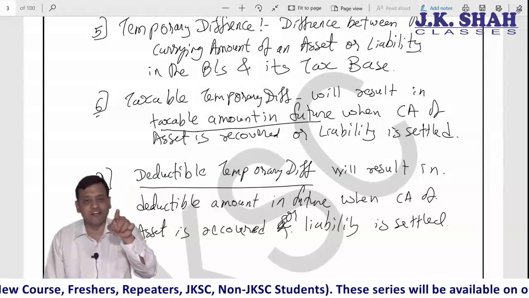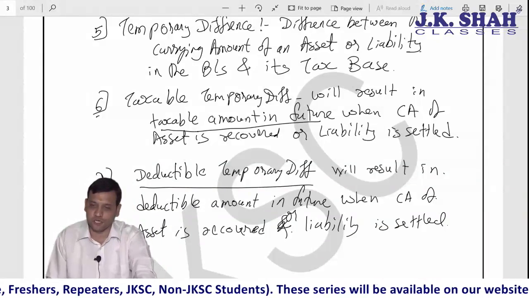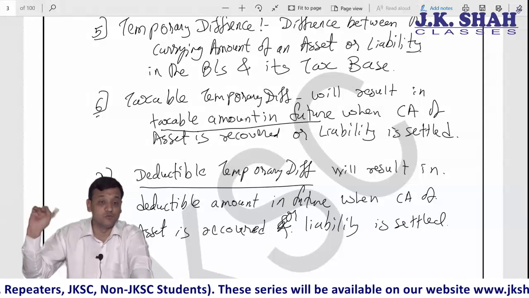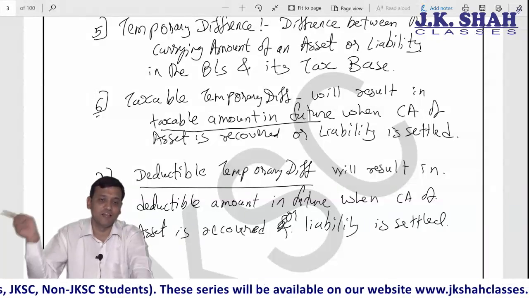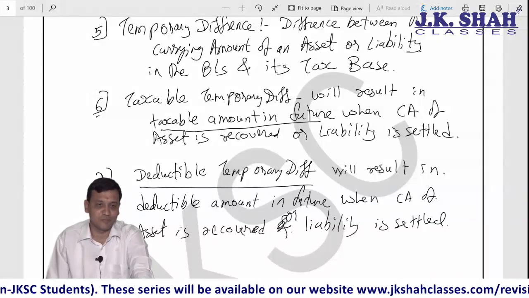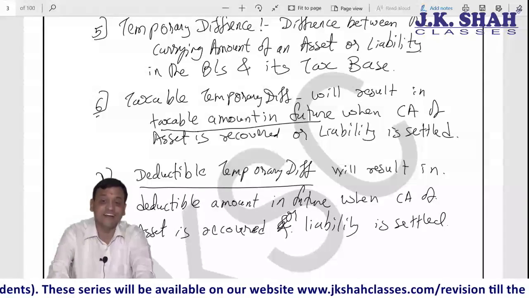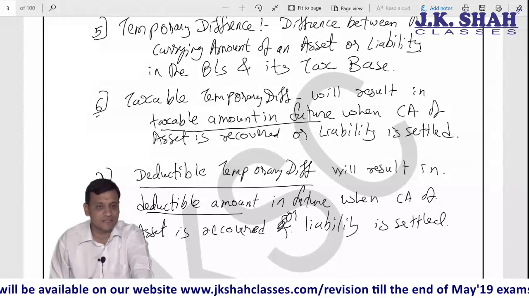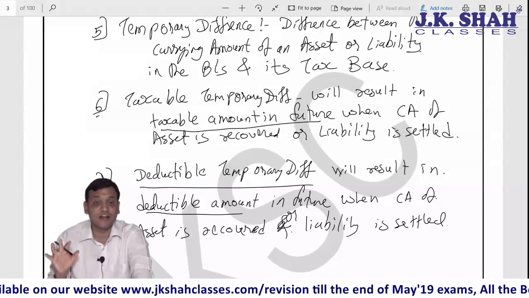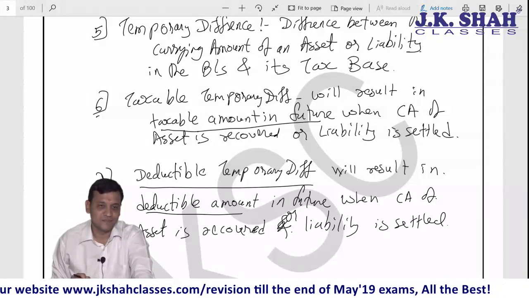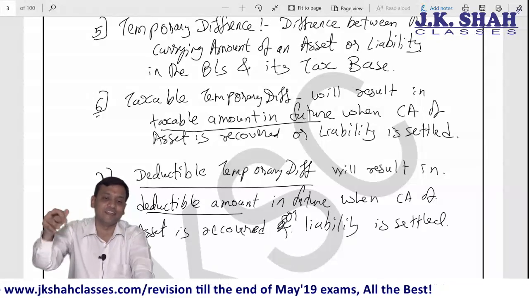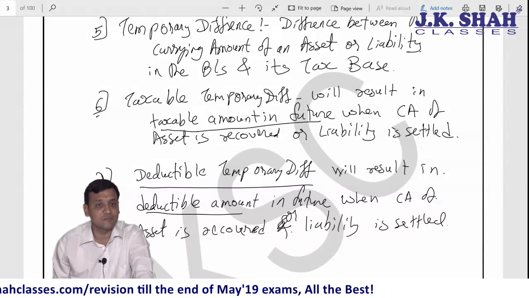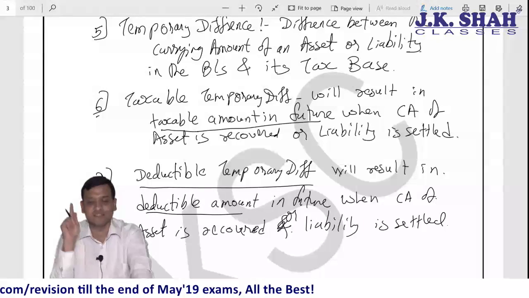The benefit of 70 in the form of revenue will be received in future, against which tax will allow me a depreciation of 100. It means, can I say 30 rupees is deductible in future? Of course, deductible amount in future. That is not tax effect. Its deductible amount in future is 30. I am going to get benefit of that 30 in future. That is nothing but deductible temporary differences.